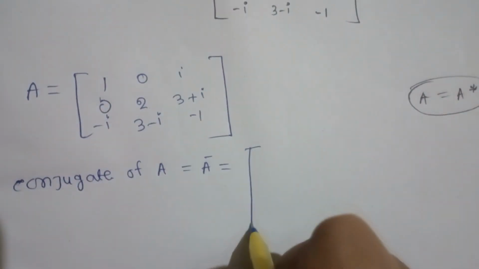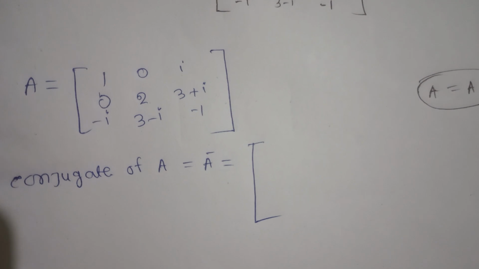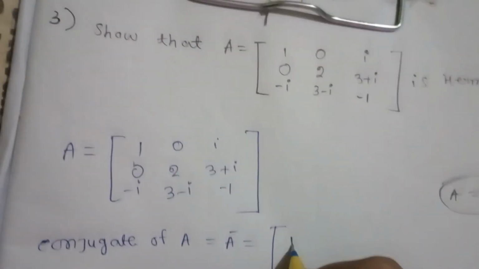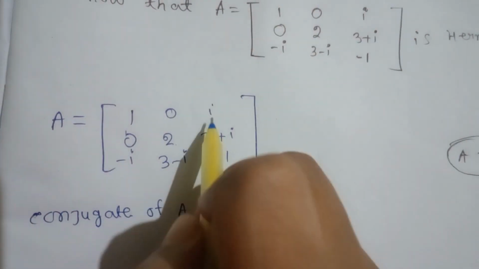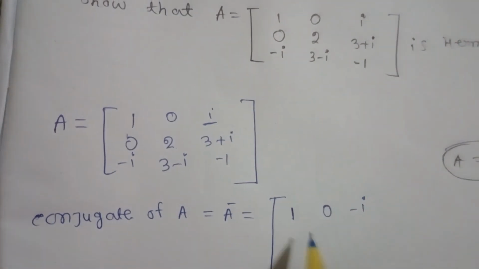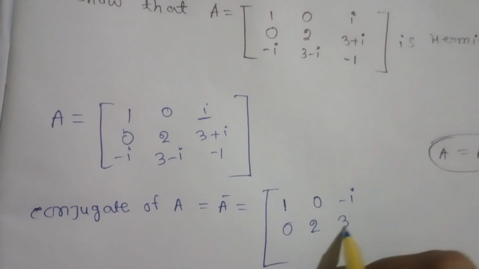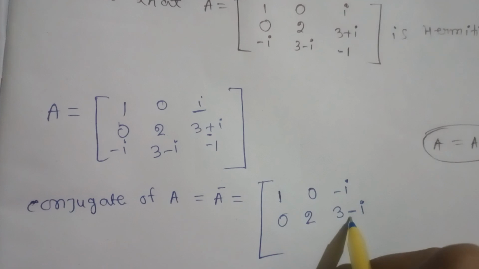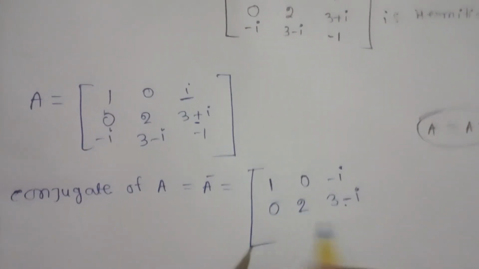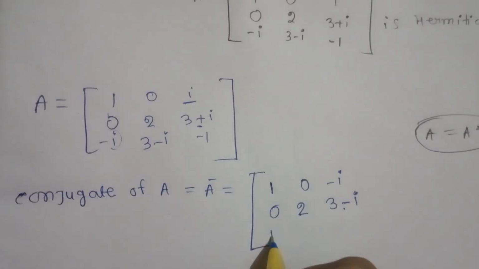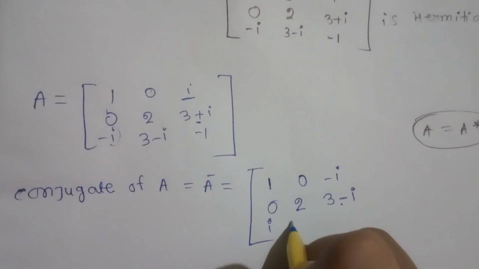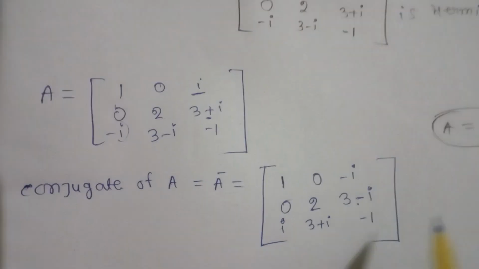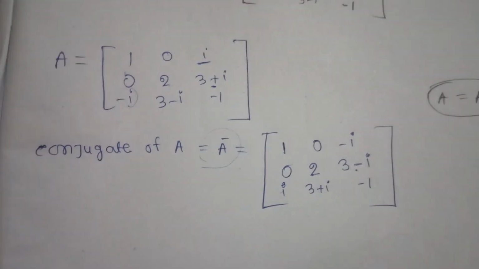Here, replace i with minus i in every element. 1, 0, replace i with minus i, 0, 2, 3 minus i, as here it is plus, so the opposite sign is required, minus i means plus i, 3 minus i means 3 plus i, minus 1. So it is the conjugate matrix.